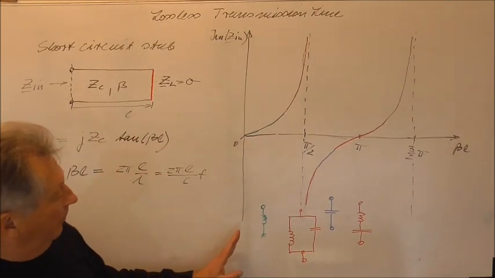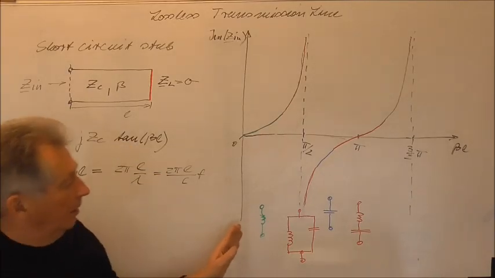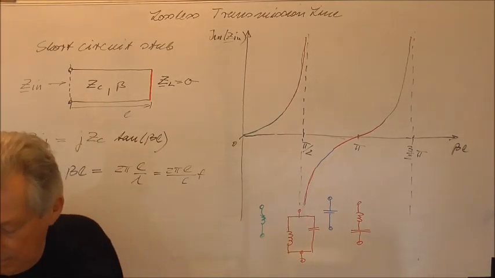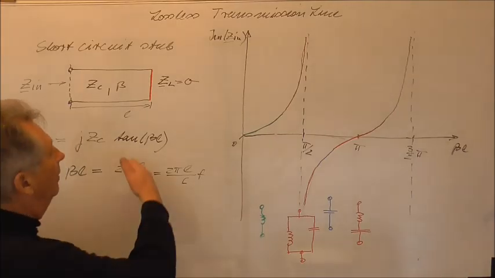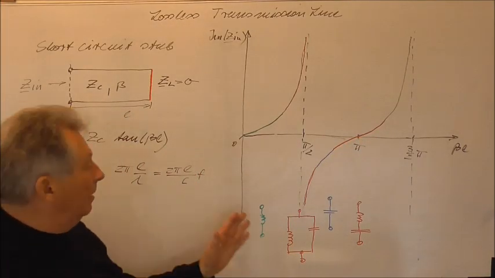So with the help of a short circuit stub, we can in principle realize all these lumped elements, where one must say the longer the wavelength or the longer the transmission line, of course the higher the losses.